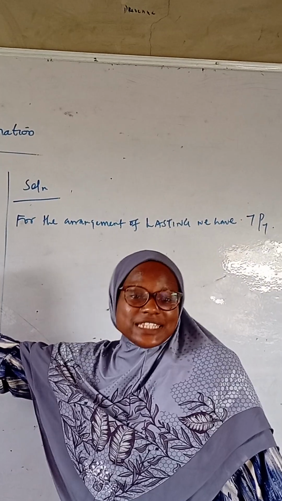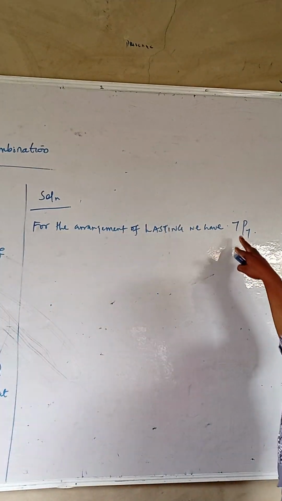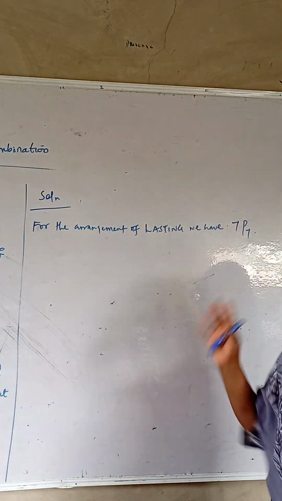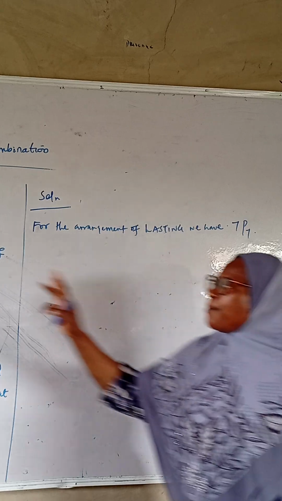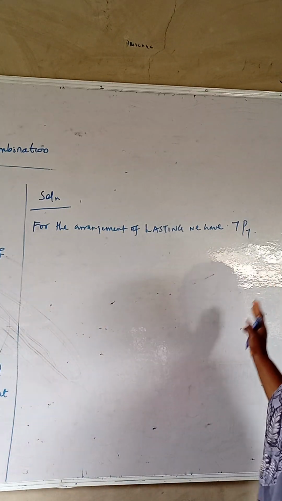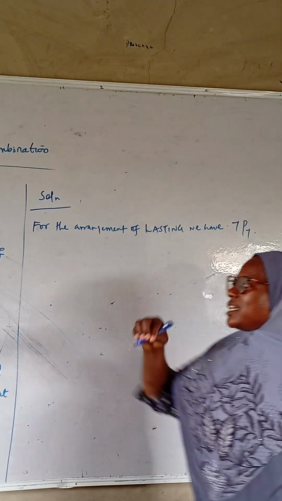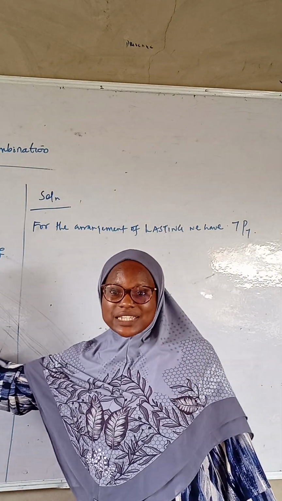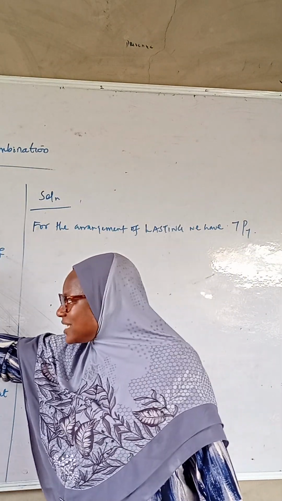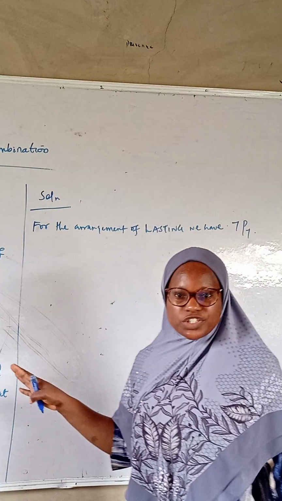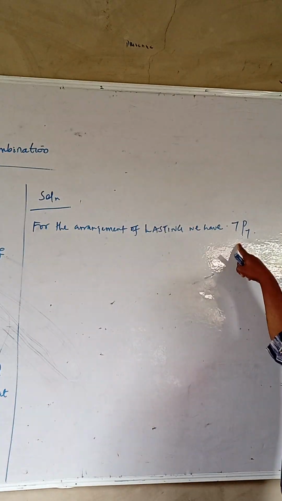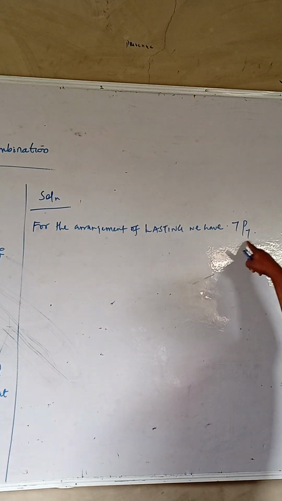We have 7 letters, right? And we are trying to arrange how many letters? 7 letters. So that is 7 permutation 7. We are trying to arrange all the letters. It's not as if they ask us to arrange a particular number of letters in LAST THING. It's only LAST THING that we are considering, no other conditions. So that means we are doing 7 permutation 7.